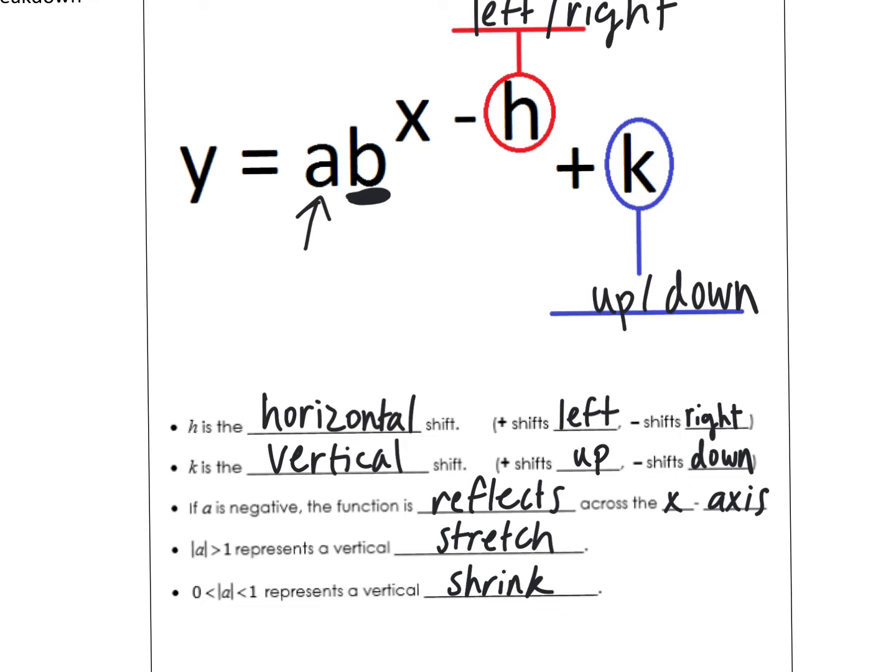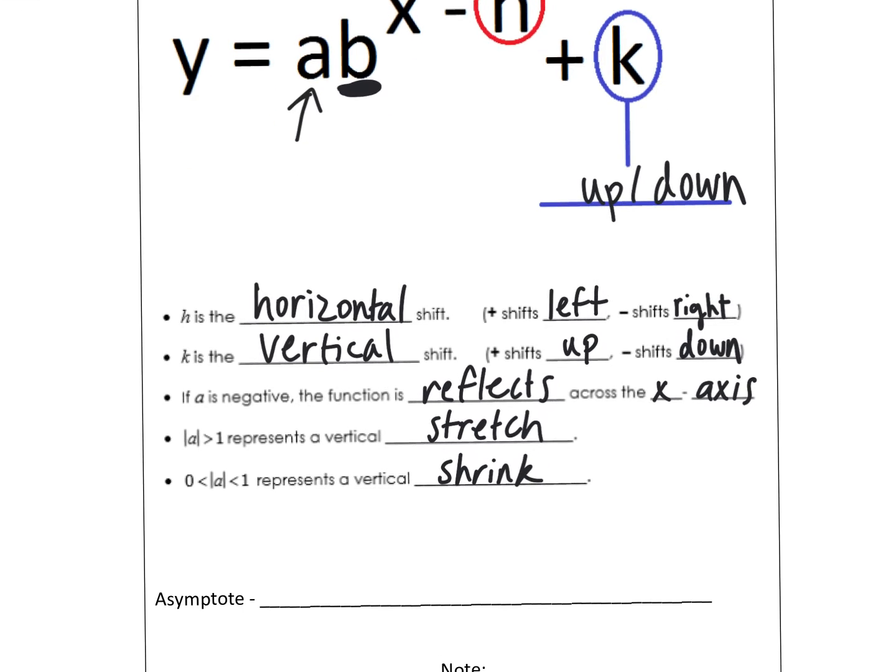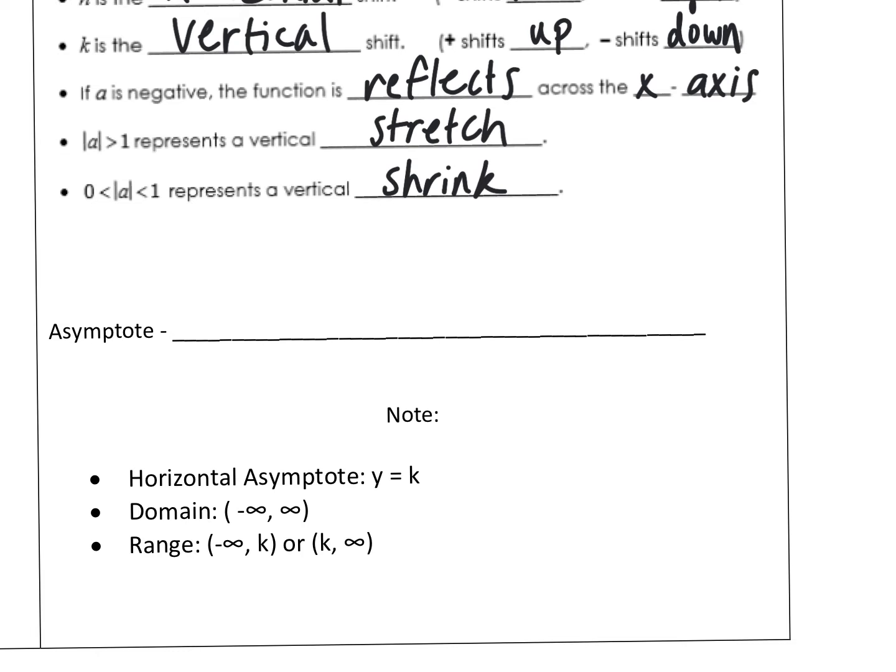The B value is not the stretch or shrink. So if B, for instance, is 2, your base is 2, that does not mean it's a stretch. That just means your base is 2. But if it's 5 times 2, then it would be a stretch. You with me on that? Once we get going on these, that'll start to make sense.